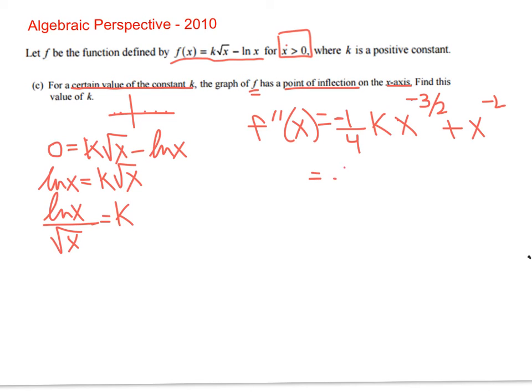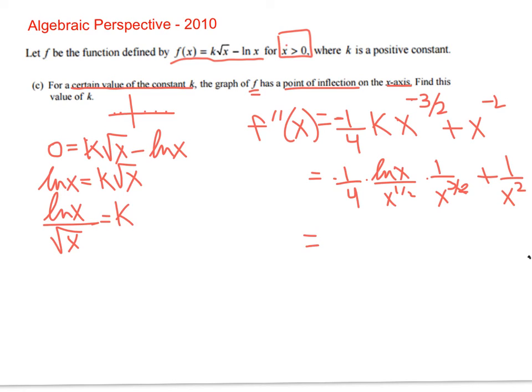So it's negative 1/4, and then k is natural log of x over x to the 1/2, and then that's times 1 over x to the 3/2. So you see I wrote x to the 1/2 on purpose because I'm going to use my rules of exponents. And then it's going to be plus 1 over x squared.